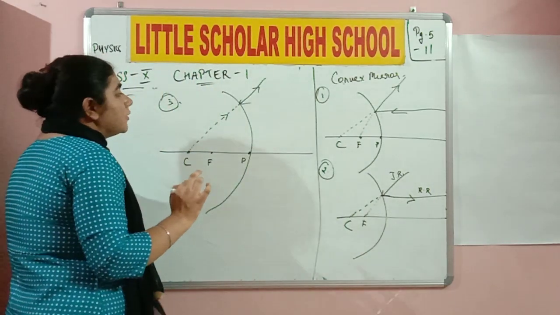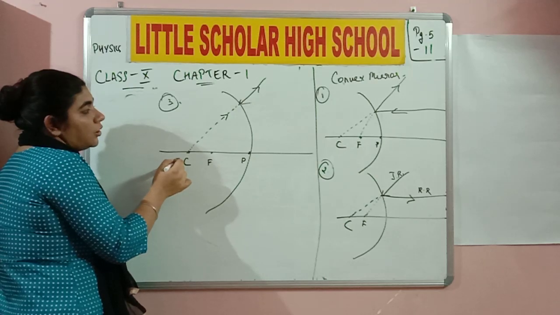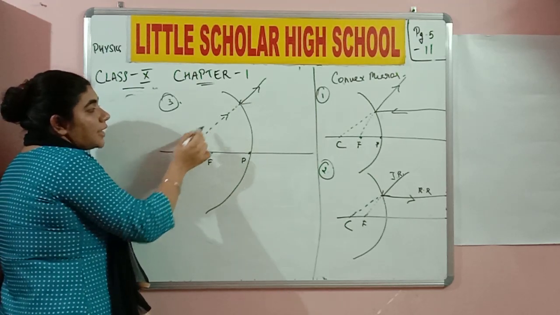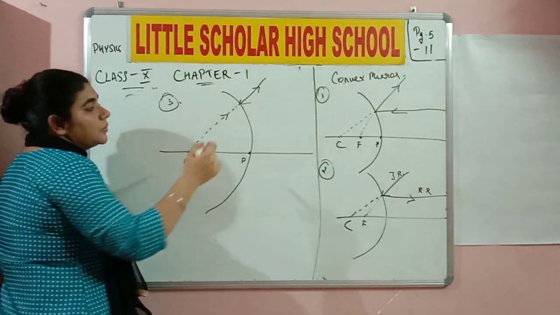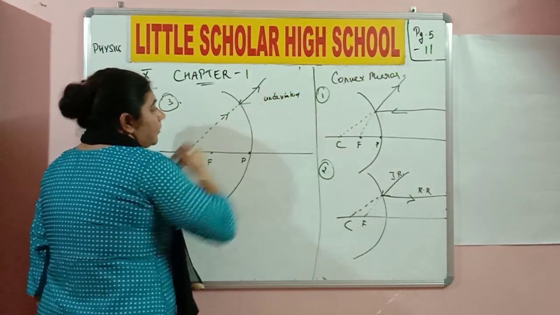The third and final rule states that if the incident ray is in the direction of the center of curvature, then the reflected ray appears as if it is coming from the center of curvature. This means it is undeviated. Both the rays are in the same line.